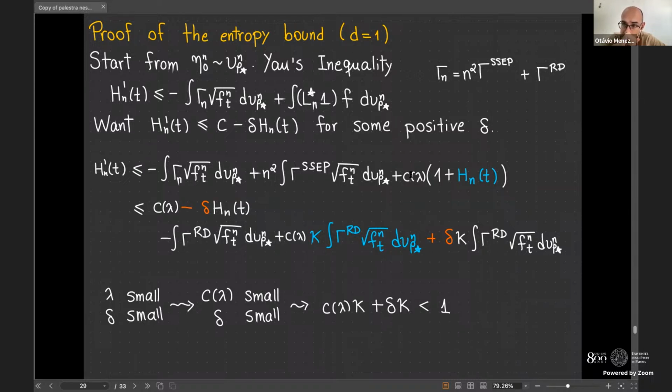We're going to have a look at where this comes from. Essentially it depends on the size of your perturbation. So if your perturbation is small enough, you can get your positive terms small enough to get something small at the end and bound by the entropy uniform in time.